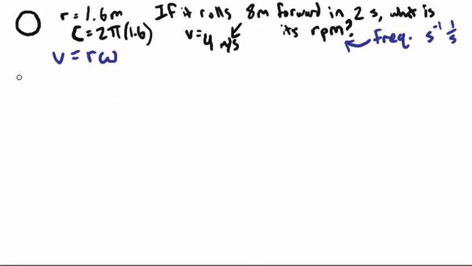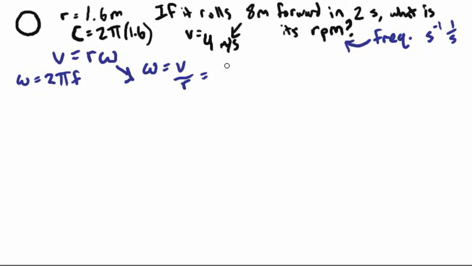Again, I mentioned earlier that omega is equal to 2 pi times frequency. Okay, so my known information, I've got linear velocity and I've got a radius here. So I already see that I can solve for omega. Omega is going to be v divided by r. I also know that omega is equal to 2 pi times the frequency.